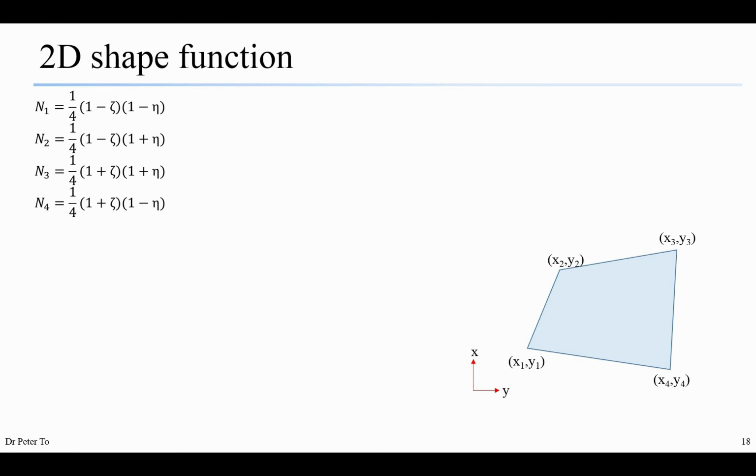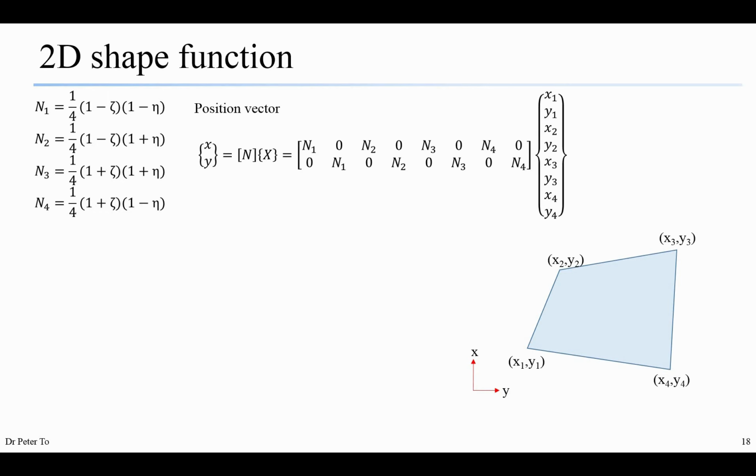When we convert values from the local coordinates, where we calculated with the standard solutions, we have to use the position vector (x, y) equal to the matrix N times the position vector, where the nodal positions are x1, y1, x2, y2, x3, y3, x4, y4.